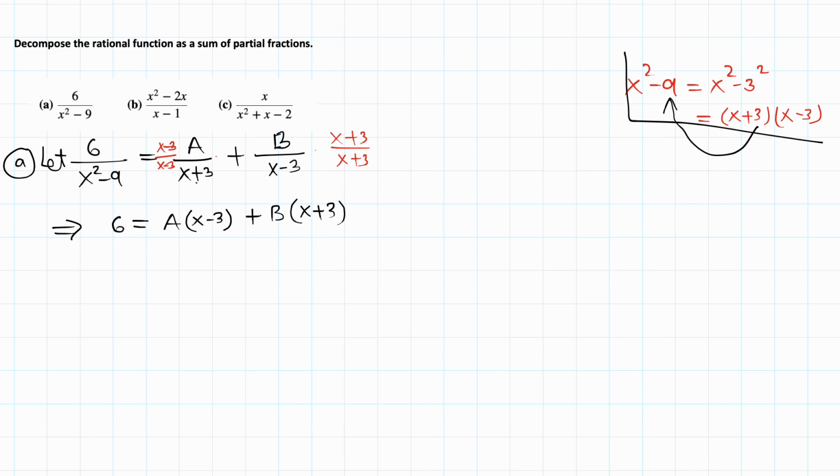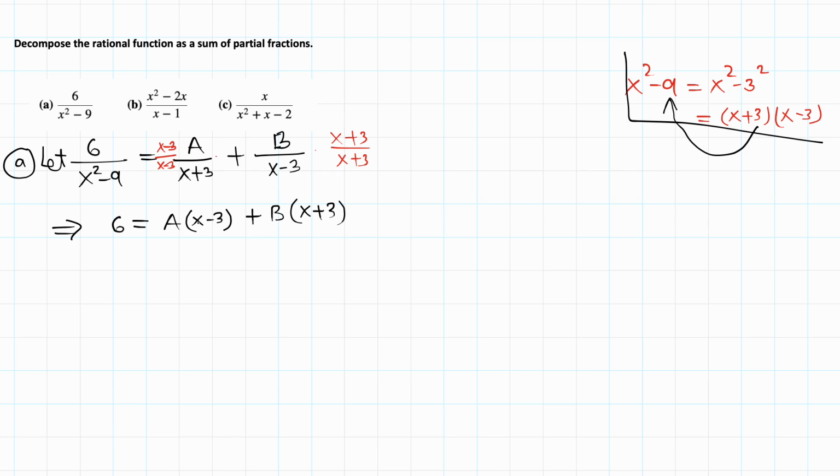When these two factors are distinct like this, x plus 3 and x minus 3, A times x minus 3 plus B times x plus 3 equals the top, 6, and this is true for all x. Now we can choose x equal to some number so that we can isolate A and B.